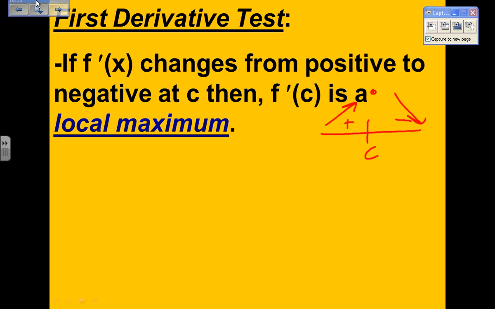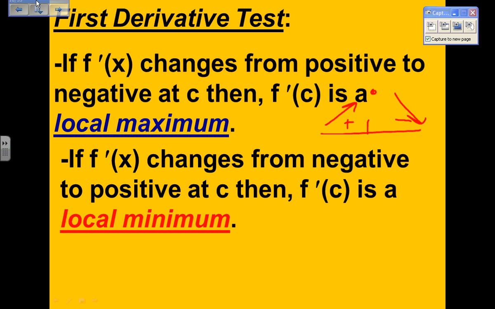In the area of the graph you're looking at, locally, that's a maximum. It doesn't have to be a global or an absolute, but just a local. Okay? Anyway, and likewise, if it goes the other way, if you have C and you have a negative and a positive, that means the function is going down here and going up here. So that would give you a local minimum. Okay?